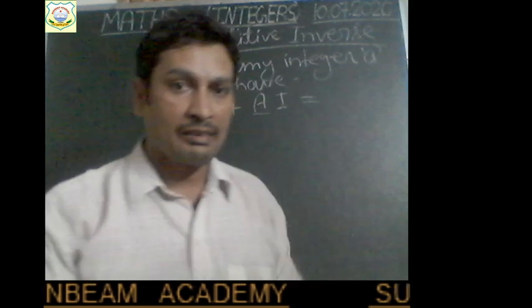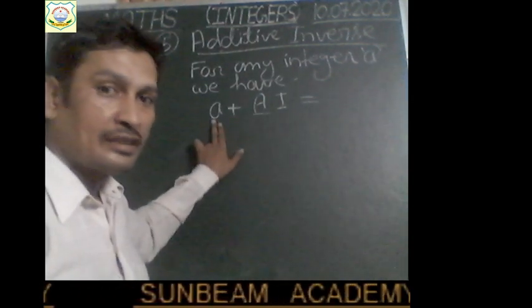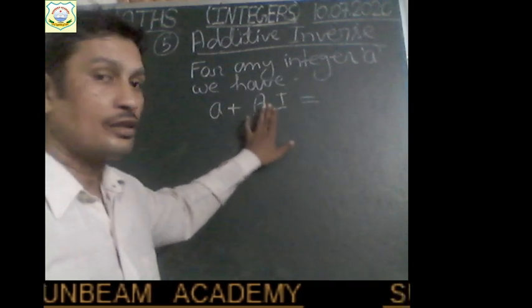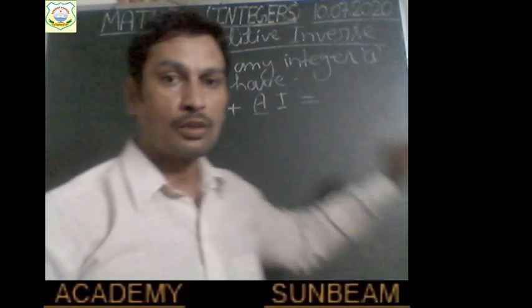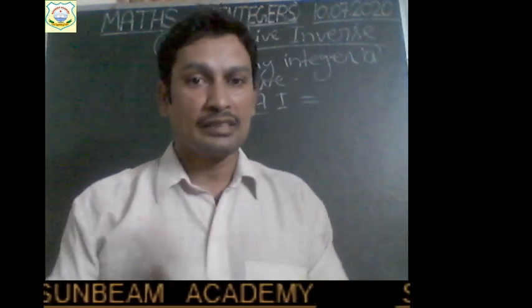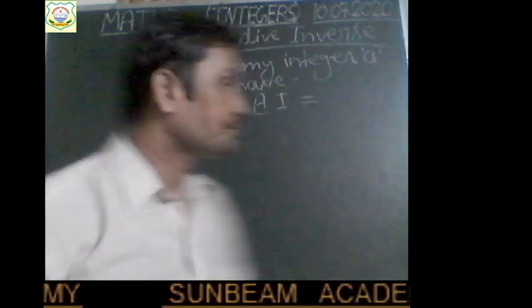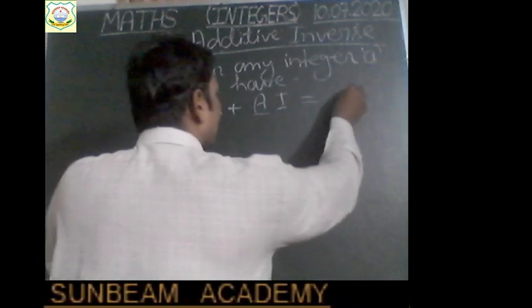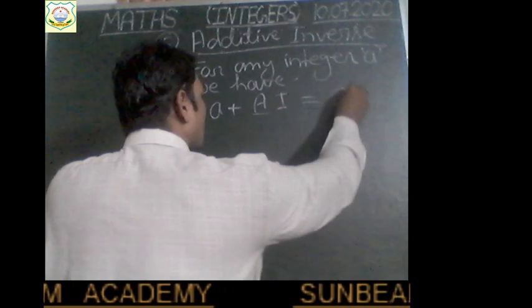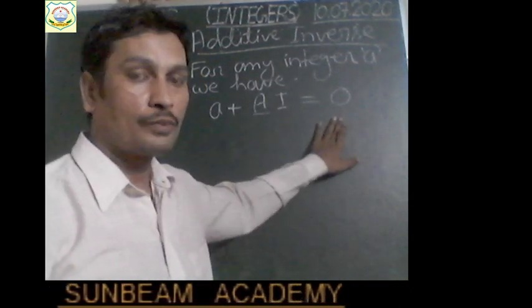So the additive inverse of an integer when added with the given integer converts it into 0. That means the result is 0. The sum of any integer with its additive inverse is always equal to 0.